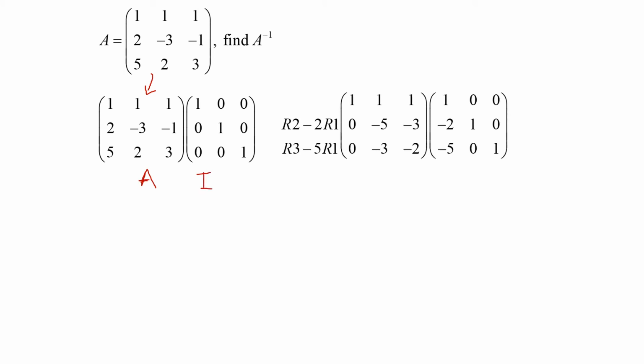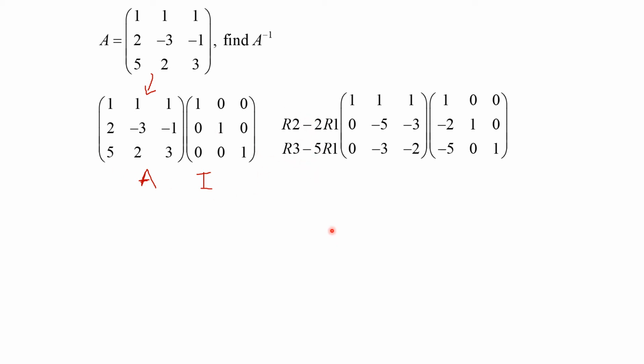The next step here would be using elementary row operations to get a triangle of zeros at the corner of matrix A. Our next task is to convert matrix A to become I using elementary row operations. So this matrix A here will become I by using elementary row operations.